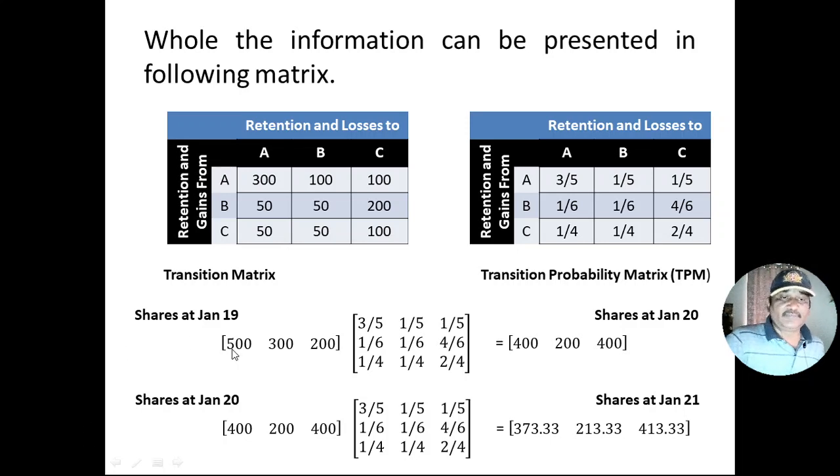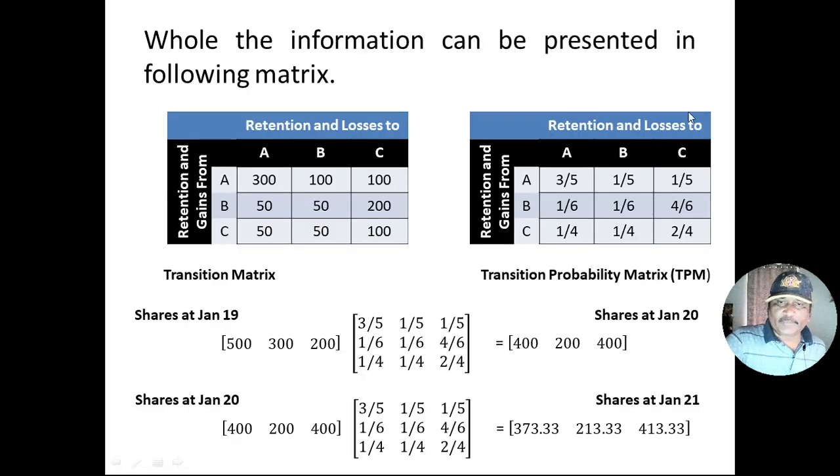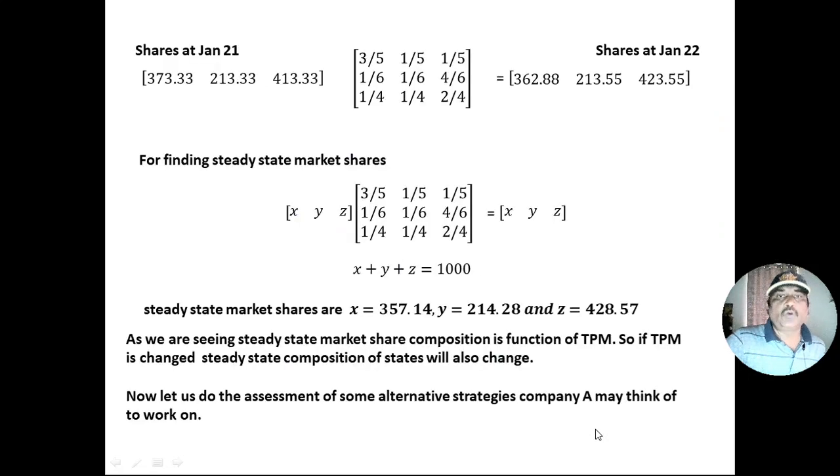is concerned, the market share is dropping from 500 to 400, 400 to 373.33, to further 362.88, and it will continue to drop but will not go to zero. Simultaneously, if you look at company B, the market share is decreasing from 300 to 200 to 213.33 to 213.55.